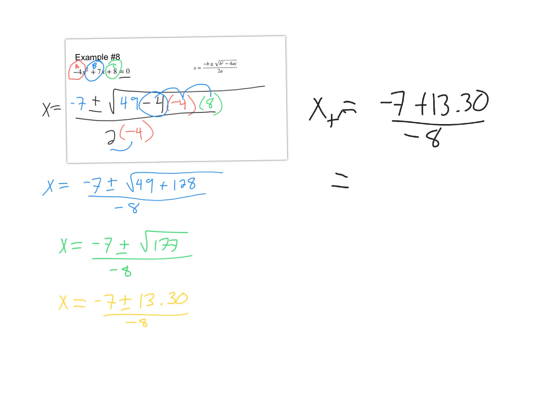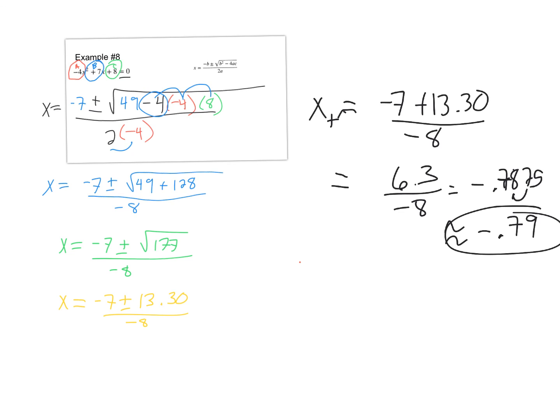I get 6.3 divided by negative 8. So divide that by negative 8. I get negative 0.7875. So rounding to 2 places, I'm going to say this is approximately negative 0.79.